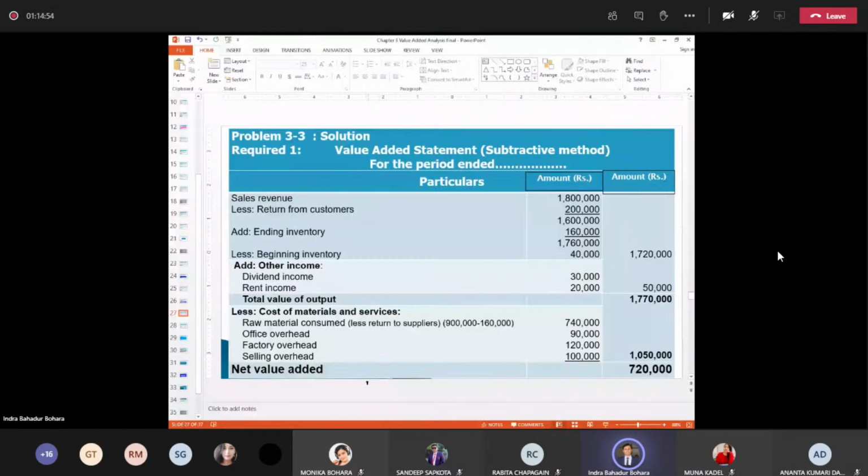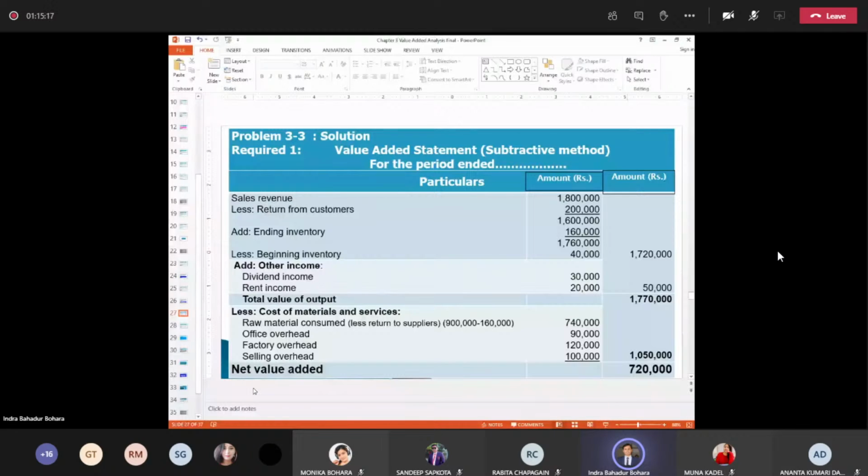7,20,000 is value added. Now just below this you write down applied for, because you are asked for the value added statement under the additive method. So where does the company distribute this 7,20,000 value added, that we are going to show.